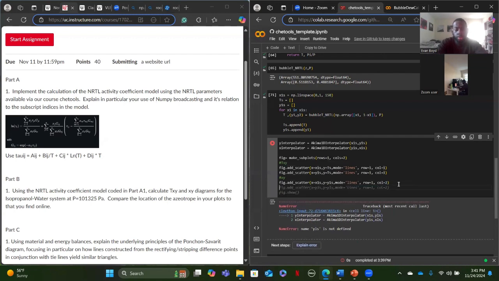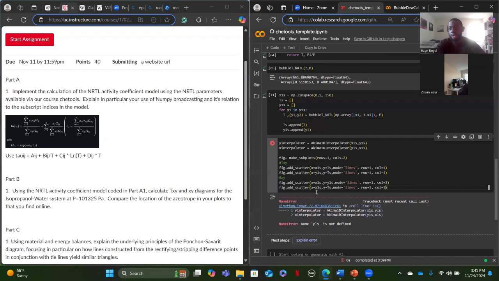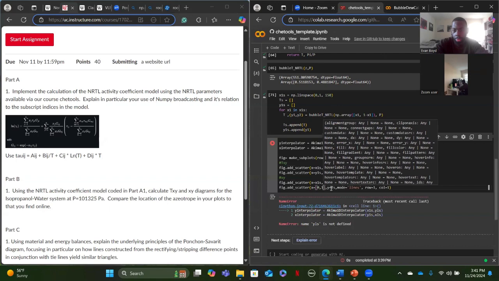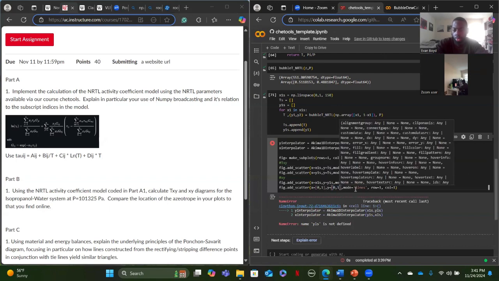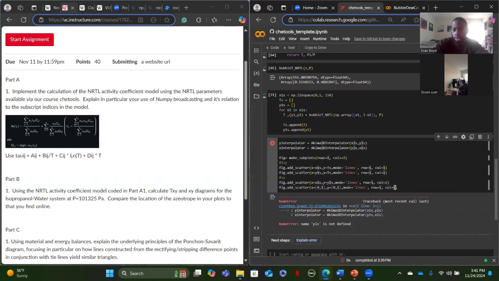And then for our last part, we wanted a regular XY diagonal line to run across the graph to see our difference. So we would just do a 0 to 1 for both our X and our Y.